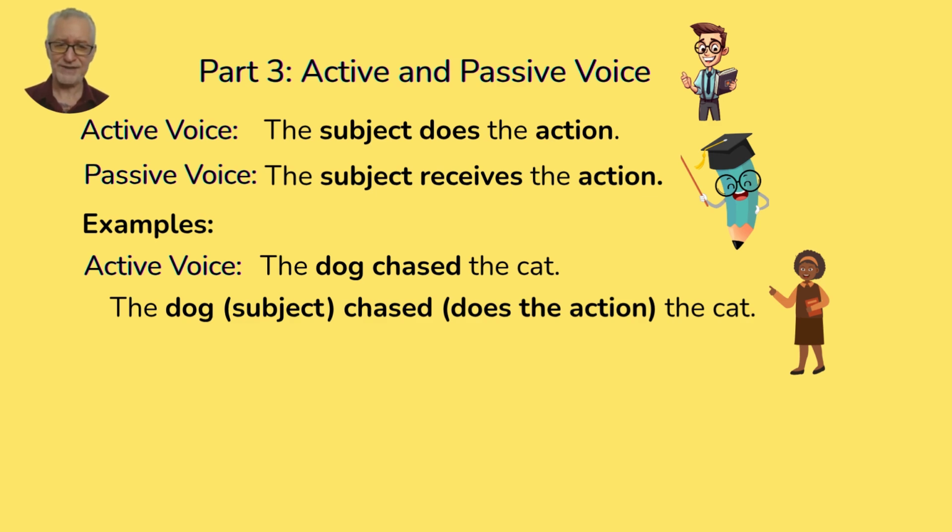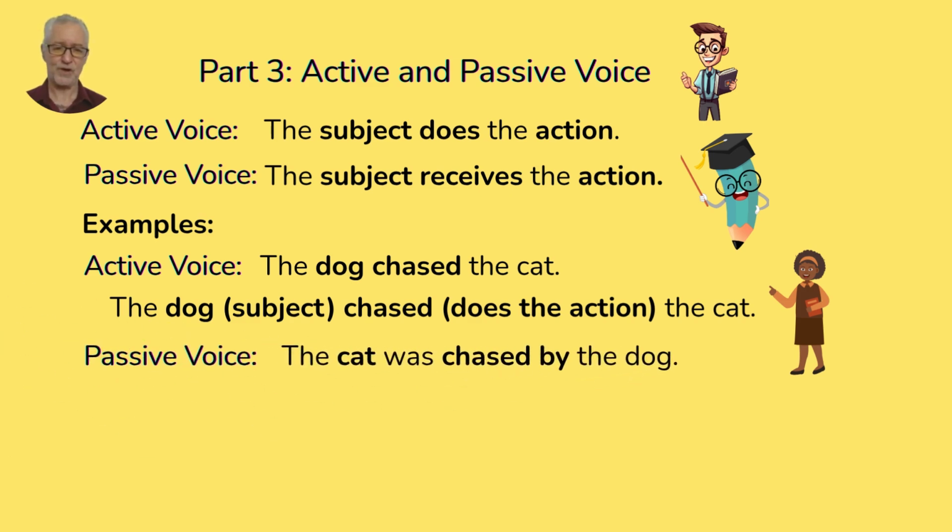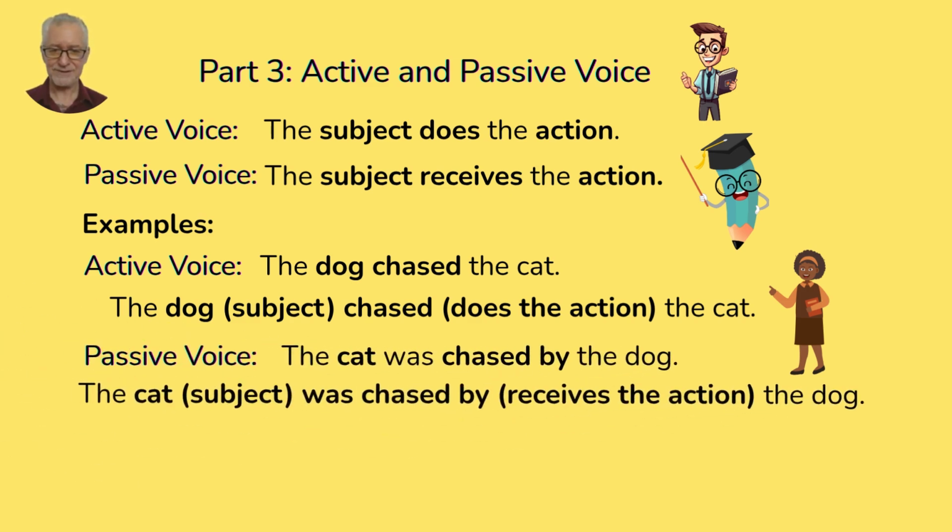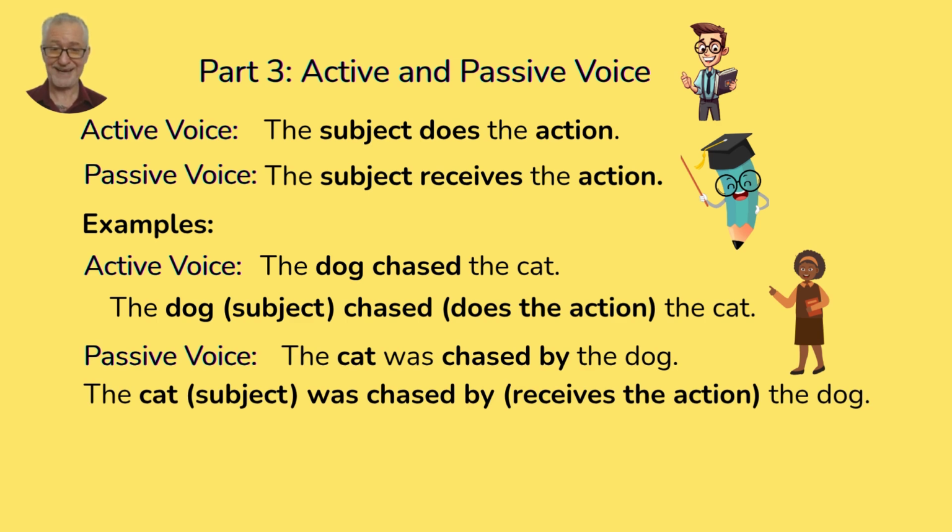Now, if we reverse that order, it becomes passive voice. The cat was chased by the dog. So we have the subject, which is the cat, was chased by. The cat, the subject, is receiving the action because it's being chased by the object, which is the dog.